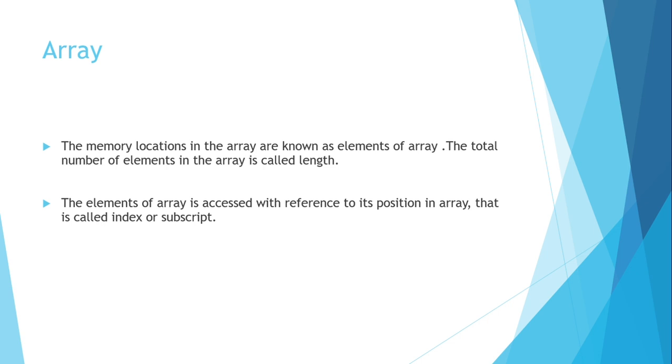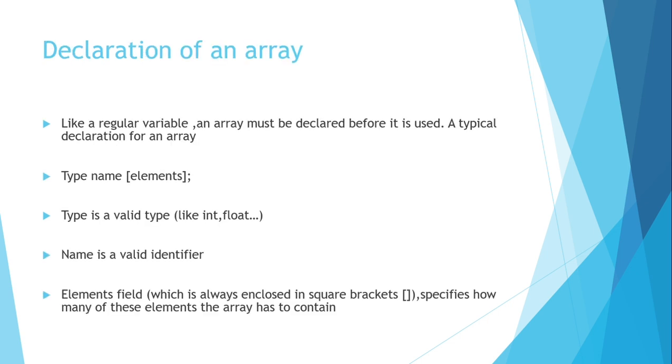The elements of an array are accessed with reference to their position in the array, called the index or subscript. That is, the array position is indexed by a subscript value in square brackets. Using square brackets, you can access the arrays.